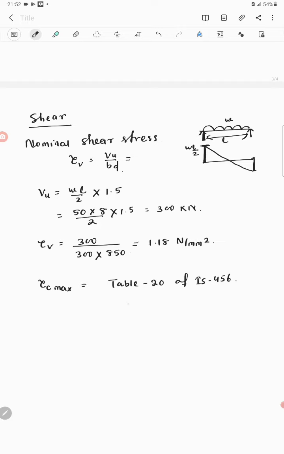Okay, so for fck value of 20 Newton per mm square, what is the corresponding value of tau c max?